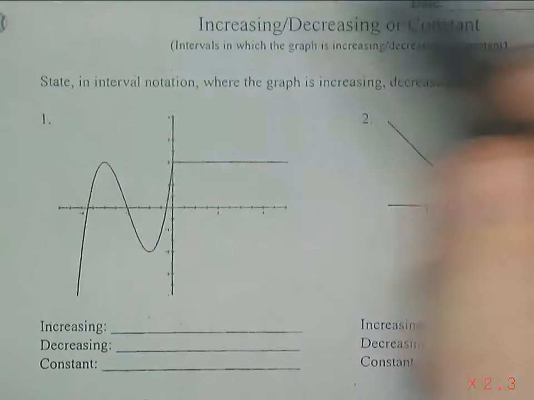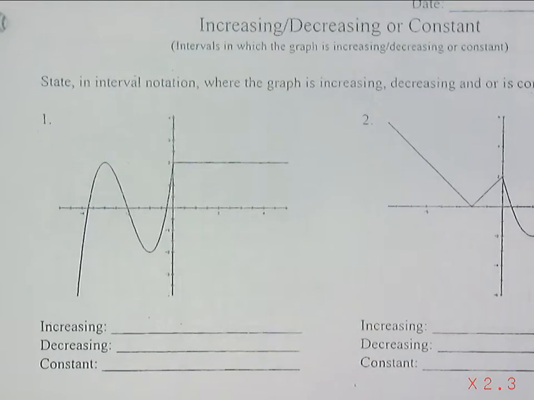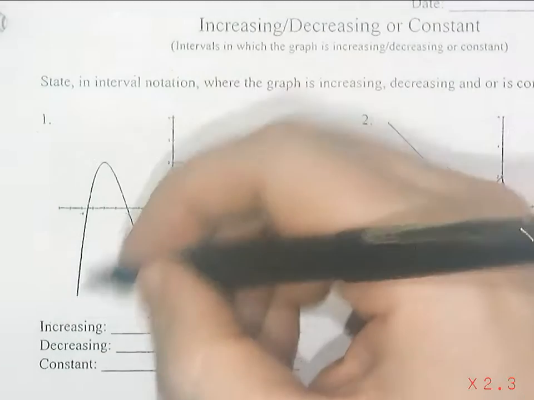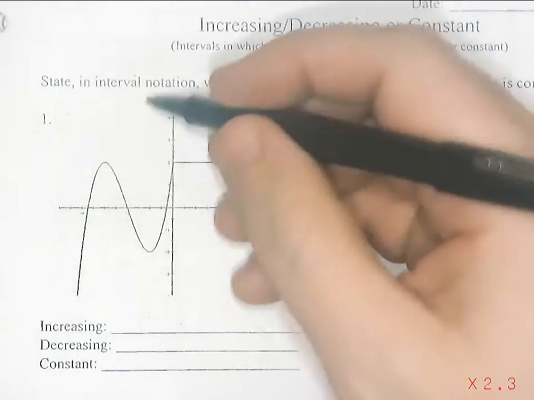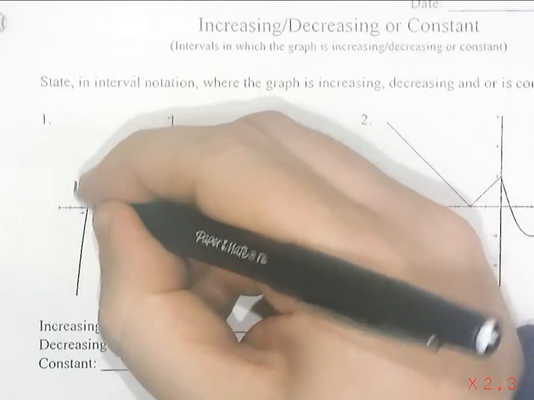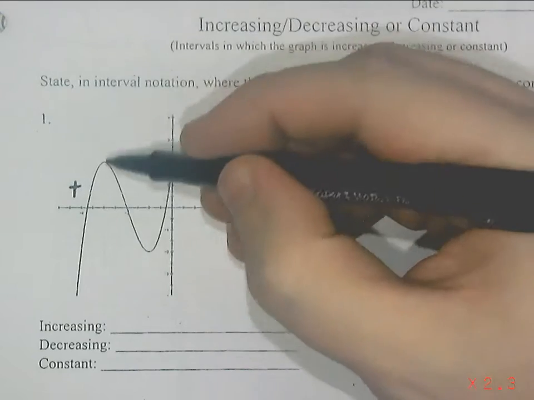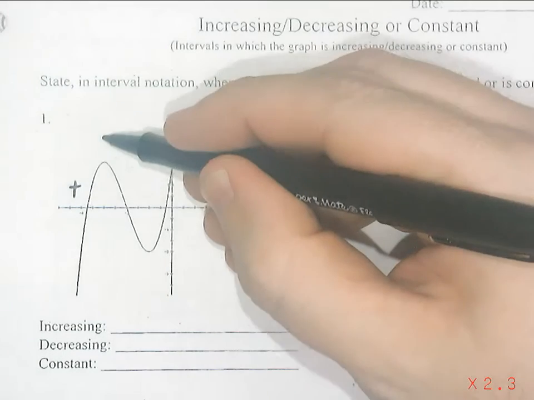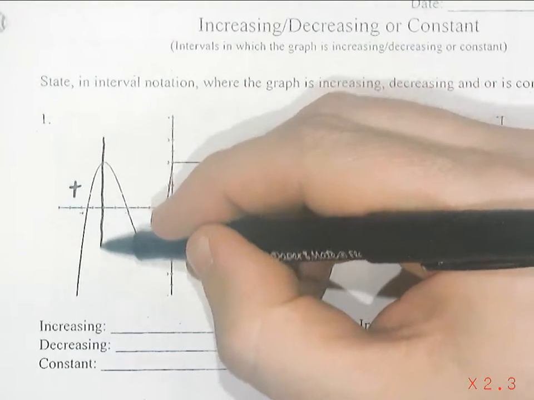So first thing I'm going to do is go through here and figure out which sections are increasing. It looks like it's going up, again, that's positive slope. It's going up right here, up until about this line right here.